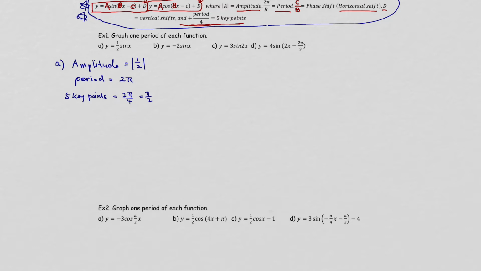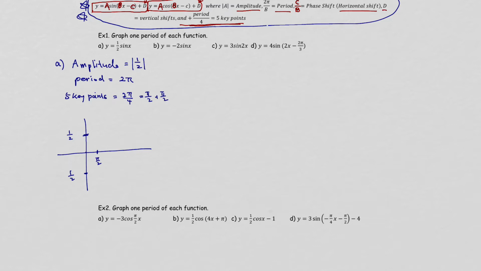Let's see, with that information, how am I going to graph? So amplitude is the height. So it will be here, will be 1/2. Absolute value, so going lower will be 1/2. And your 5 points will be pi over 2. So the first point starts from 0, so the next is going to be pi over 2. Pi over 2 more. So you're adding pi over 2 each time.